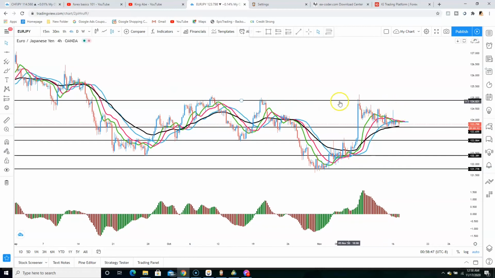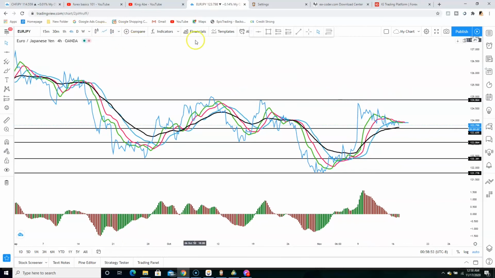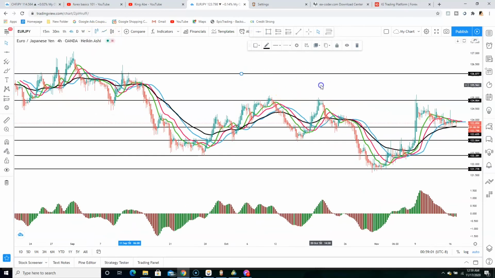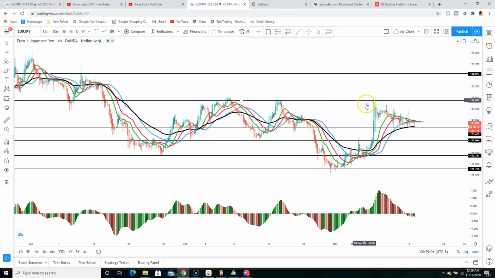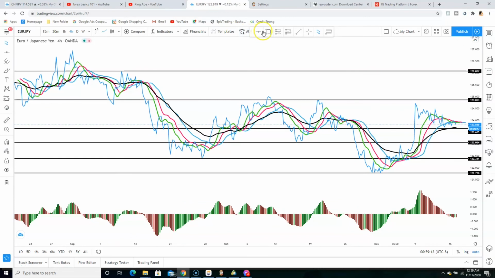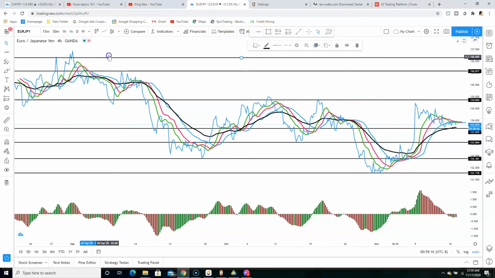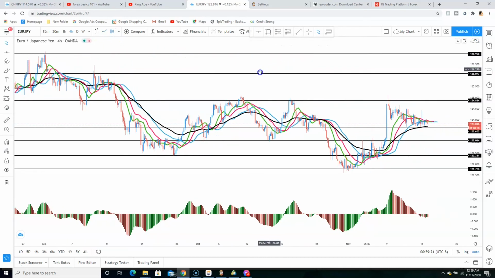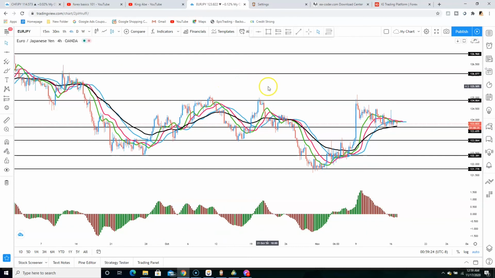If it decides to go up and breaks my resistance, all I have to do is the same thing: mark my zone, and so I already know that if price does break this, my take profit will be right here, and then I have another one right there. I have take profit 2 right there. So it's very, very simple. Like I said, guys, it's not hard at all.